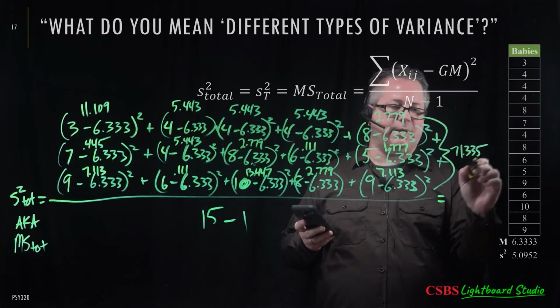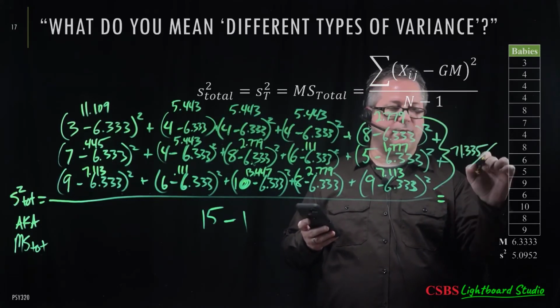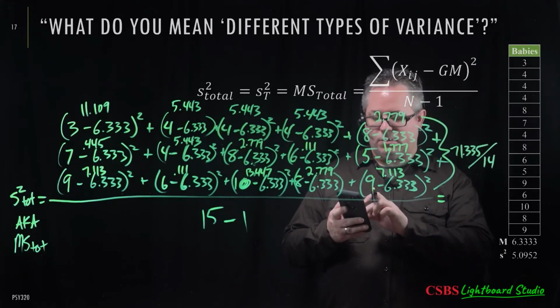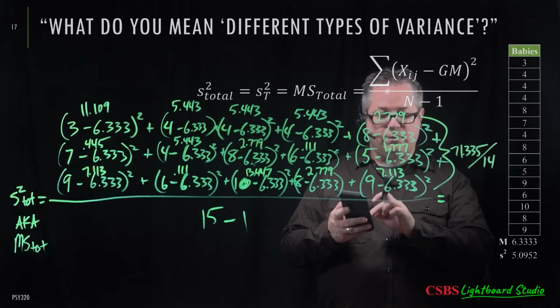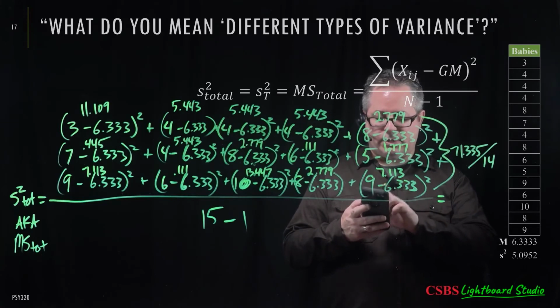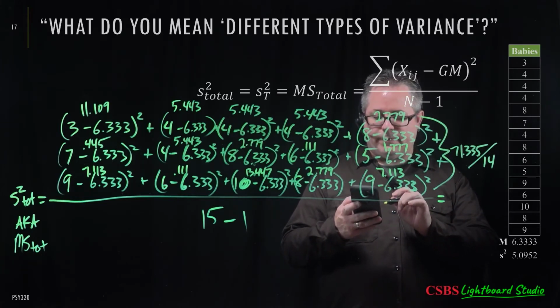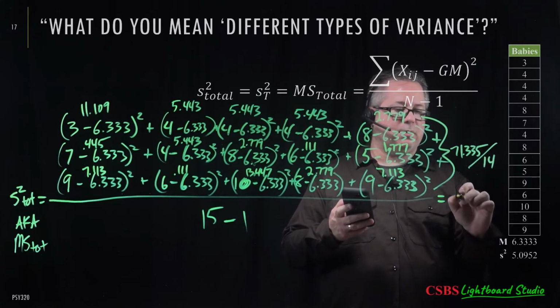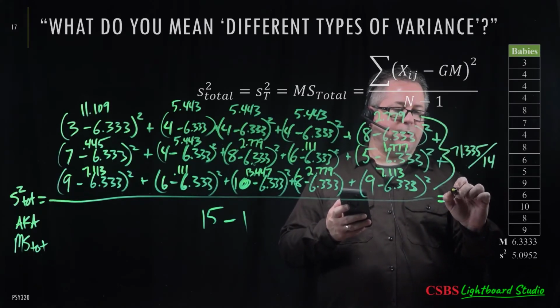If we divide that by our 14, 71.335 divided by 14 equals 5.09.